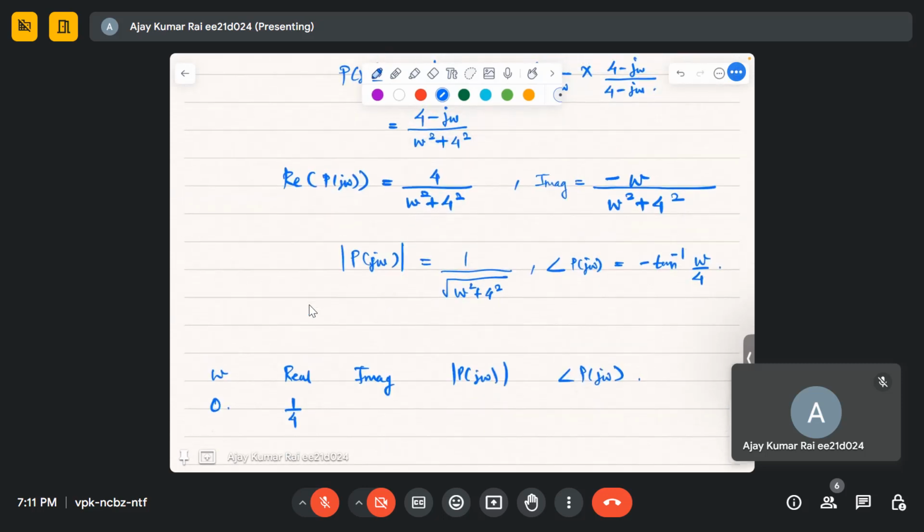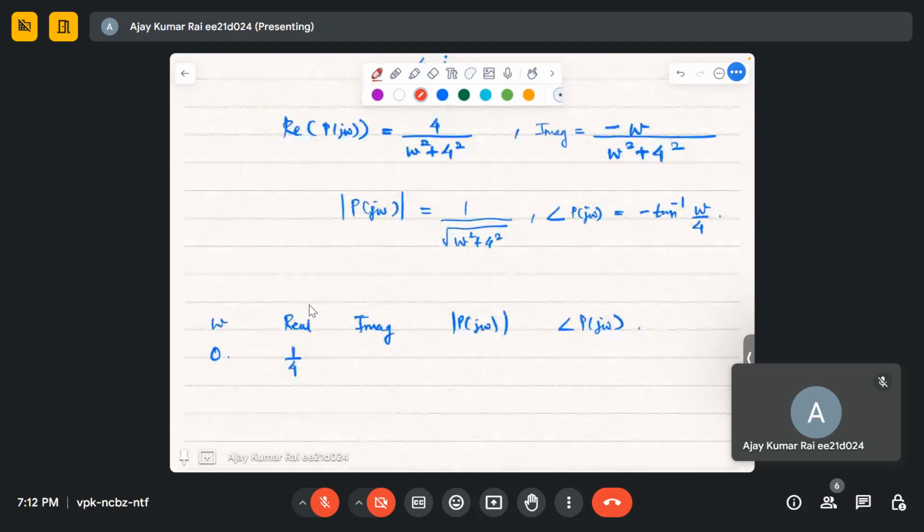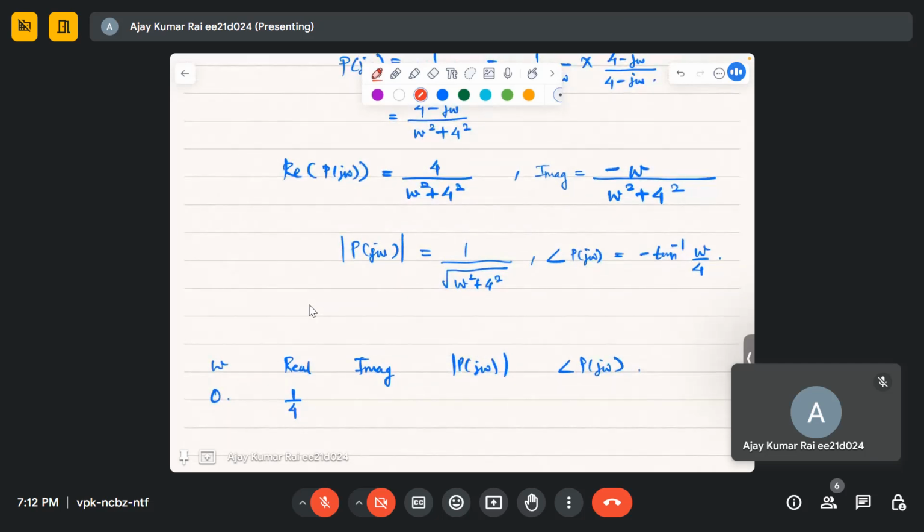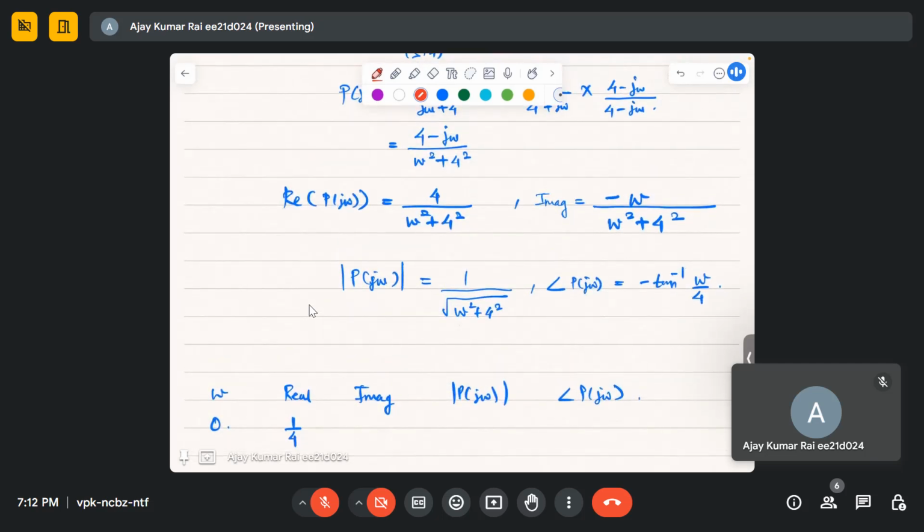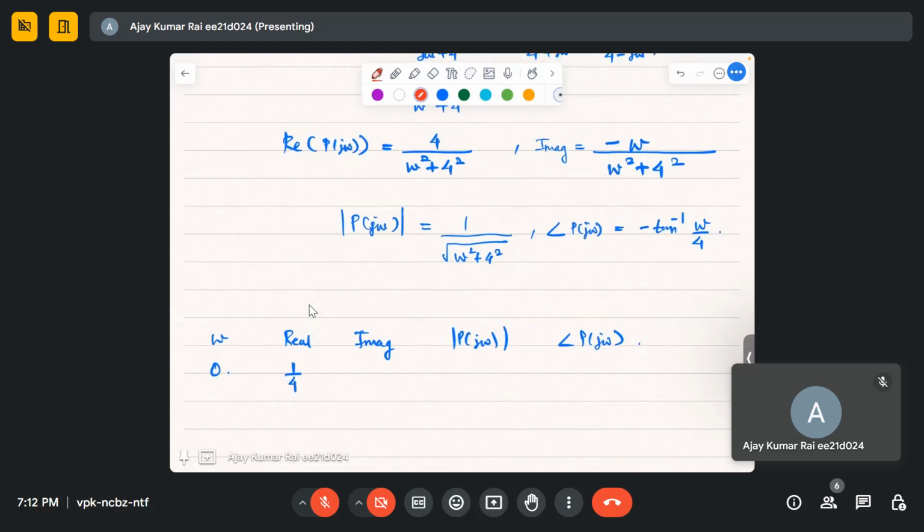Are you able to get why the real part is 1 by 4? Just see this and put omega equal to 0. You'll get 1 by 4. That's what I have written here. And for the imaginary part, in the numerator you have omega, so the imaginary part will be equal to 0.